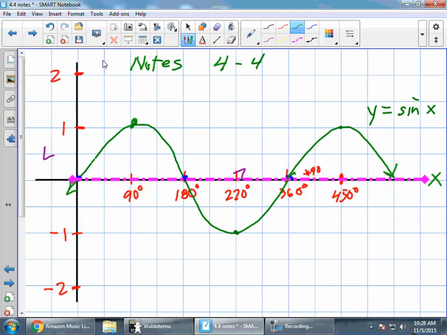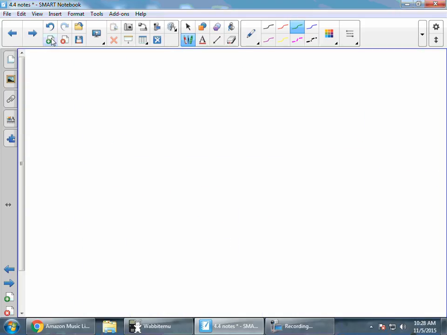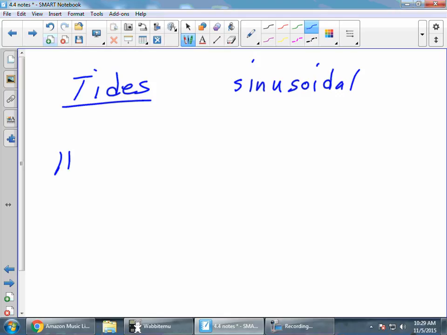The sine function is mimicked in lots of ways in nature. The main one that you hear about all the time is tides. High tides and low tides are sinusoidal. That means they act like a sine function. Also hours of daylight, and lots and lots of others.